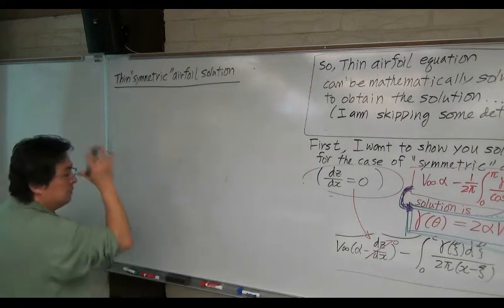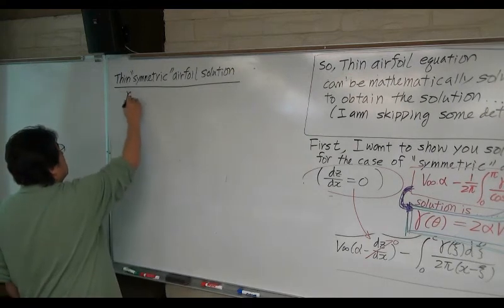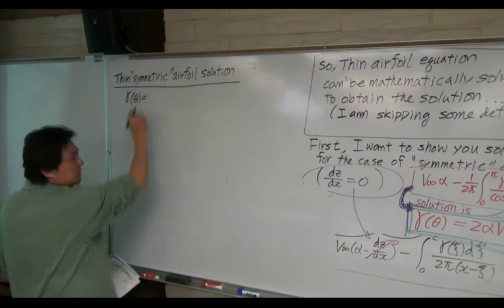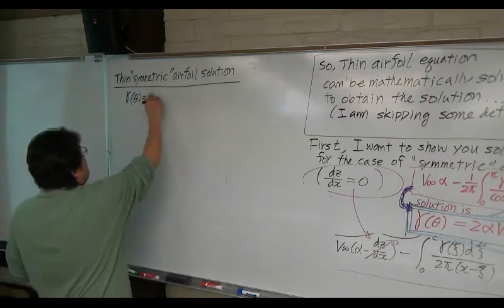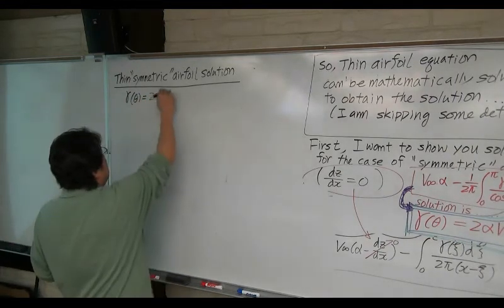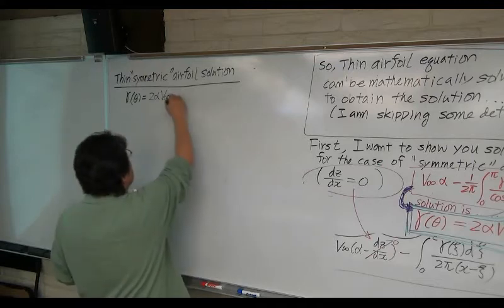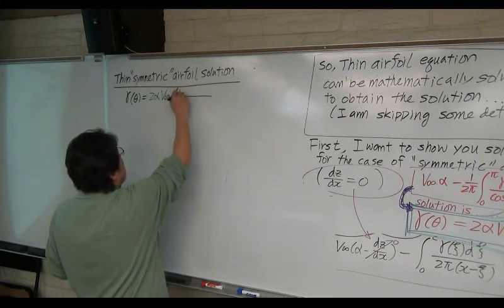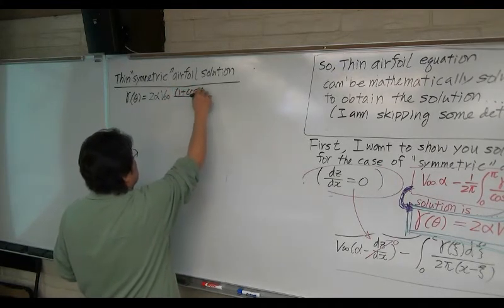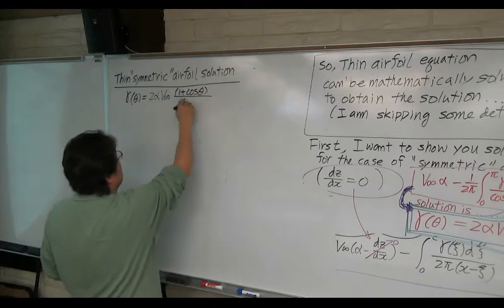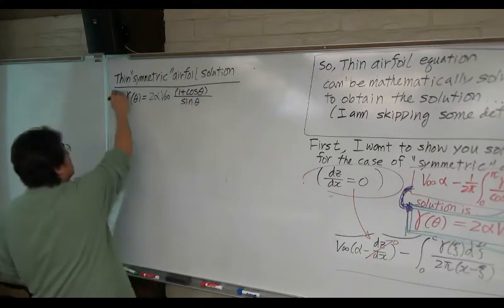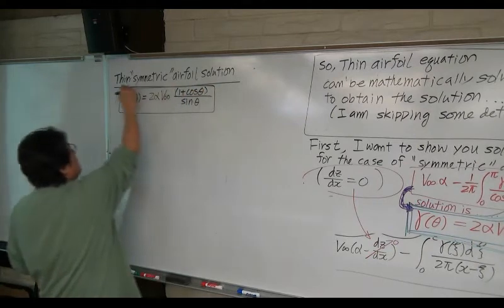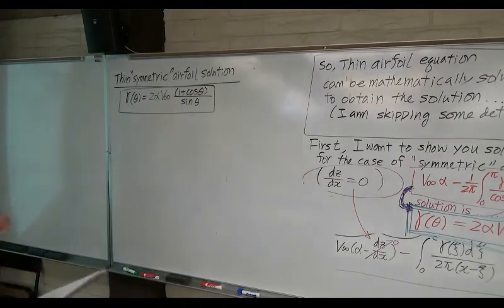We are going to start from here. This is the solution: gamma as a function of theta is 2 alpha b infinity, 1 plus cos theta over sine theta. So we're going to start from this mathematical solution of symmetric thin airfoil.